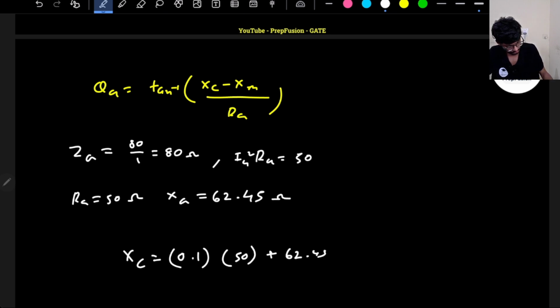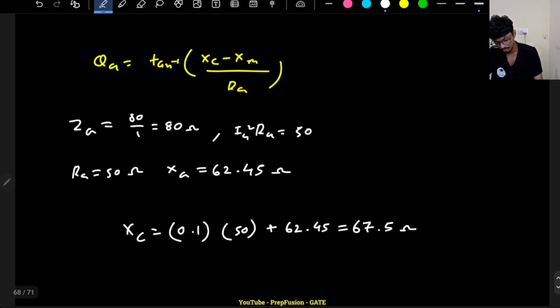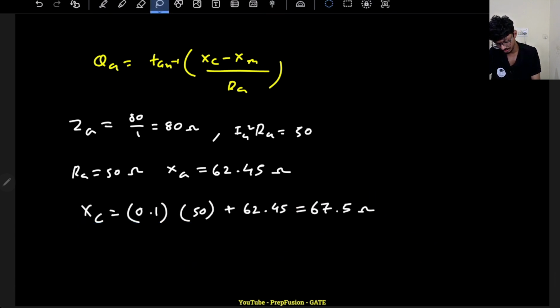So into 50 plus 62.45, it is 67.55 ohms. Okay, so this is what my Xc is equal to.